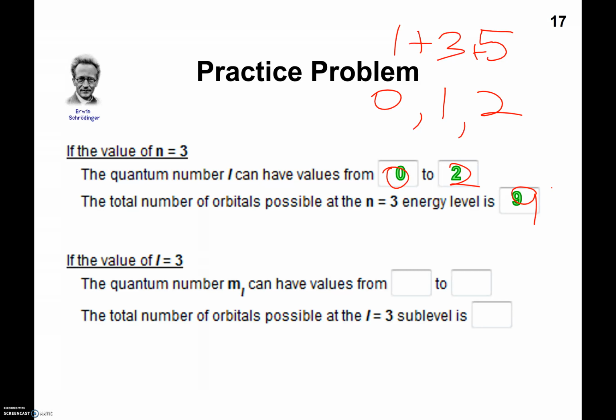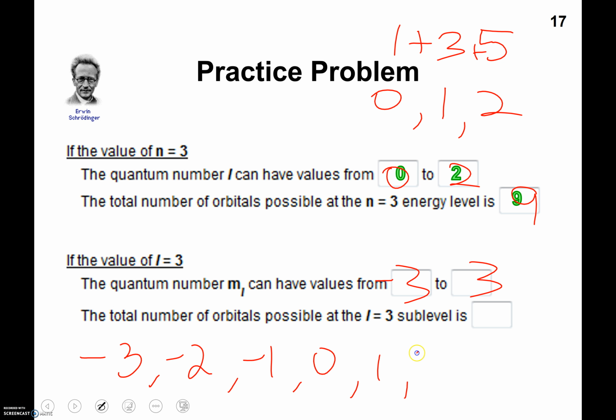The quantum number m sub L can have values from -L to L. Because if you count from -3, -2, -1, there's a 0, a 1, a 2, and a 3, each of those is an orbital. -3 is an orbital, -2 is an orbital, -1 is, and so all of those numbers are orbitals. How many are there all together? You're going to find that there's 7 of them.